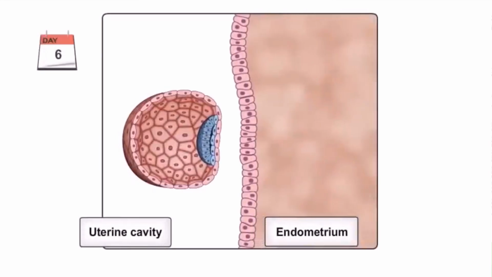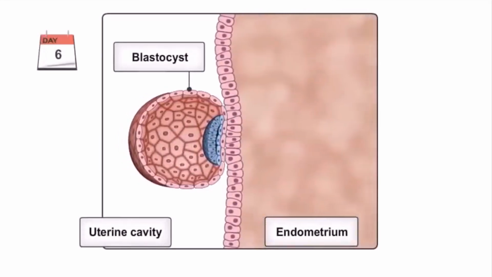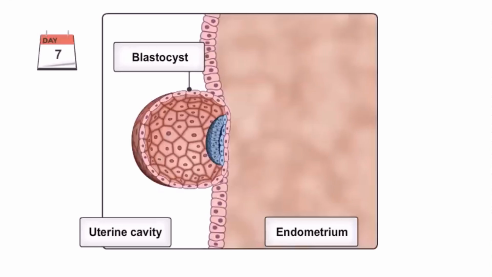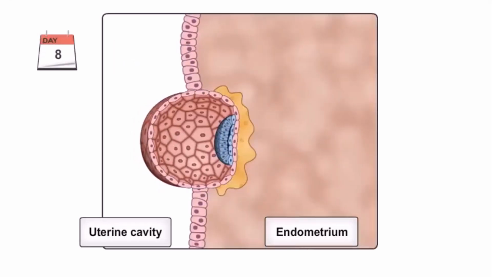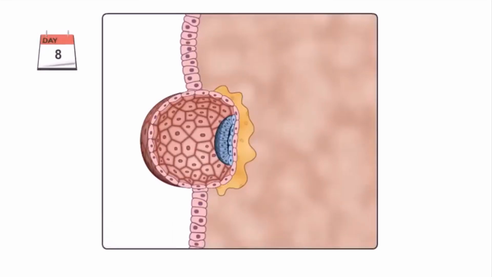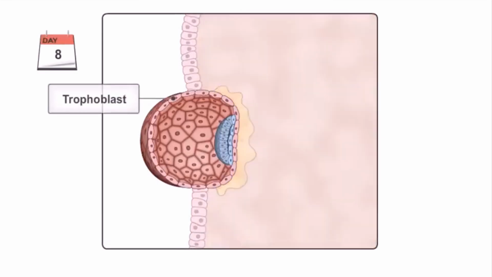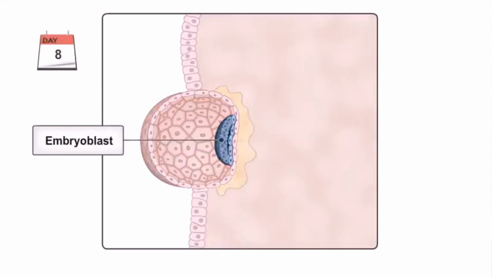Implantation of the blastocyst usually occurs 6 to 8 days after fertilization. By the end of day 8, the blastocyst has burrowed into the endometrium of the uterus. At this time, it is composed of two main components: the outer cell mass, the trophoblast, and the inner cell mass, the embryoblast.